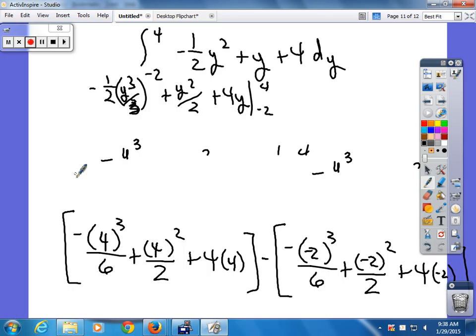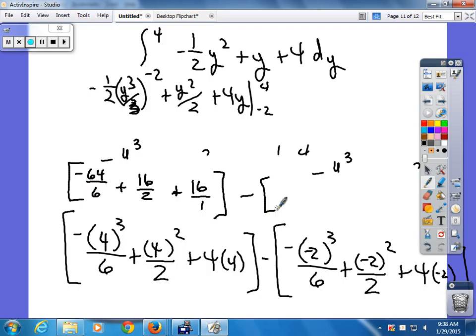So that's going to be -64 over 6 plus 16 over 2 plus 16 over 1 minus -2 cubed is what? 8, -8, and then a +8 is 8/6 plus, be a minus, sorry, minus 4 halves minus 8 over 1. Y'all check my math. I'm not worried about reducing right now because that's furthest from my mind.